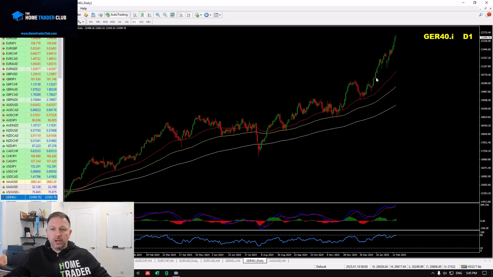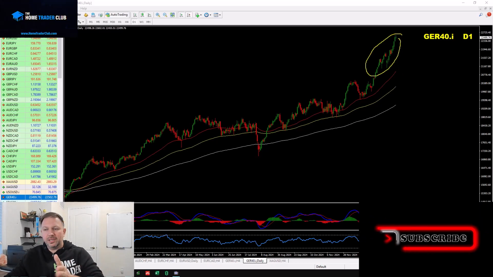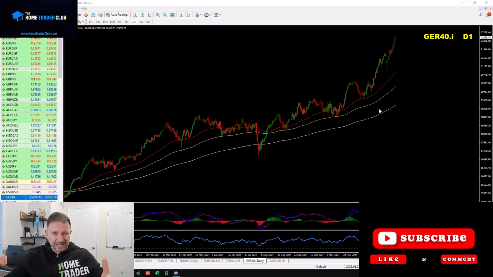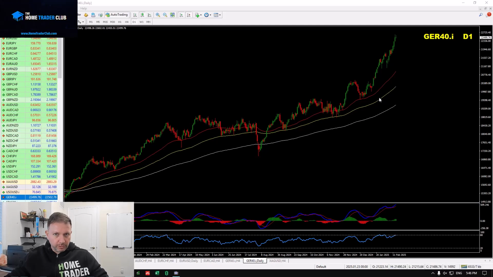So if you plot an exponential moving average 50 and a simple one, the exponential would be closer to the prices simply because it gives more value to the recent. The closer we get to the last candle, the more weight it will get in its formula.